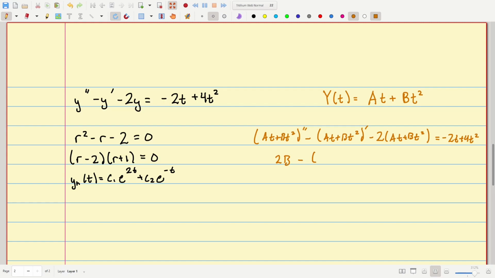Derivative of a times t is a, and the derivative of bt squared is 2bt, okay? And make sure that's in parentheses so you don't forget to distribute the minus sign. And there's no derivatives to take here. We just need to distribute. Is this okay?